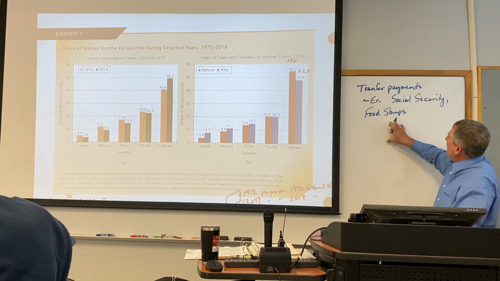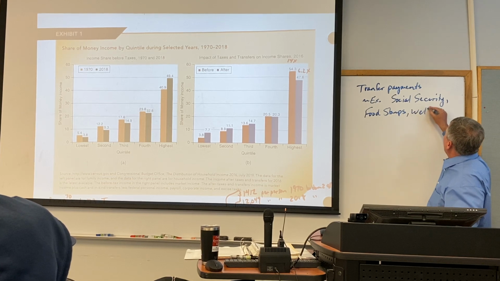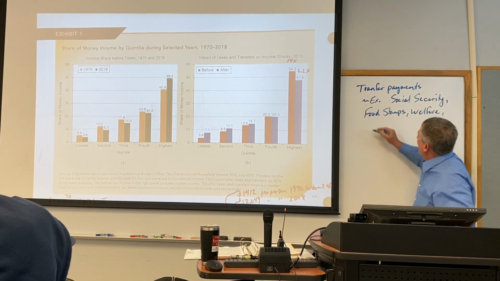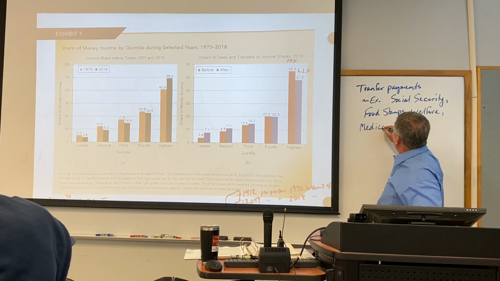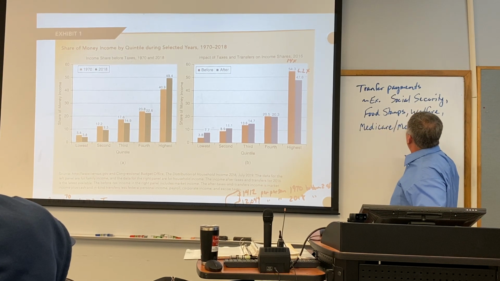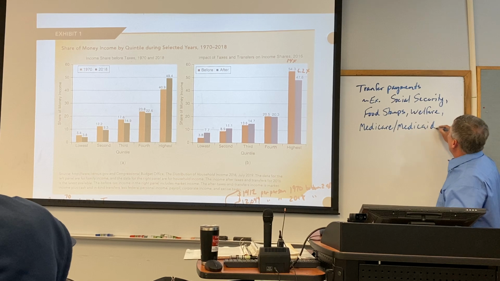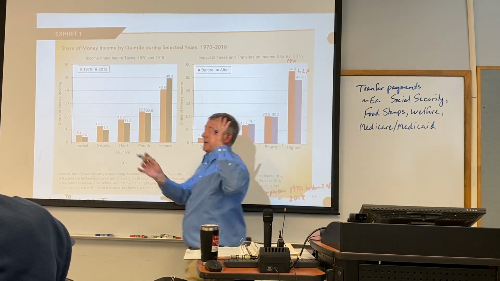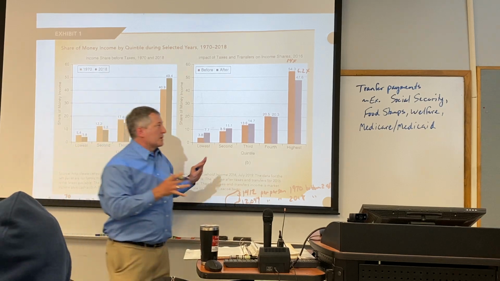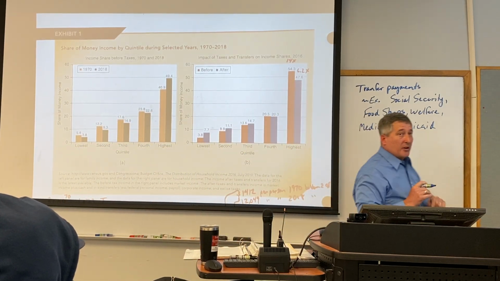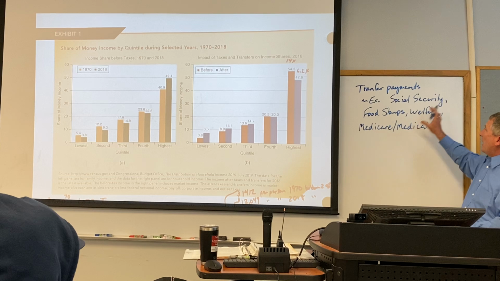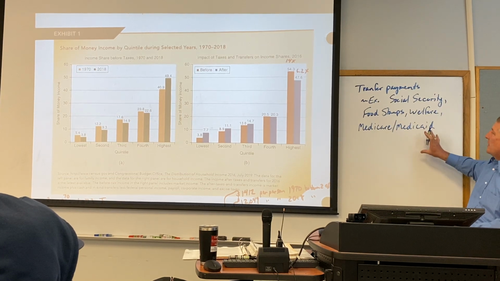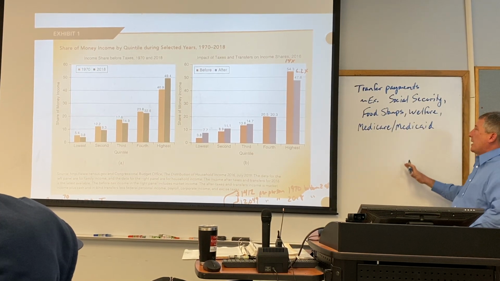So we got Social Security, food stamps, welfare programs, Medicare, Medicaid. So basically, what I call Robin Hood stuff, you're taking from one person and giving to another. You're transferring money or income from one person to the next through tax and transfer.